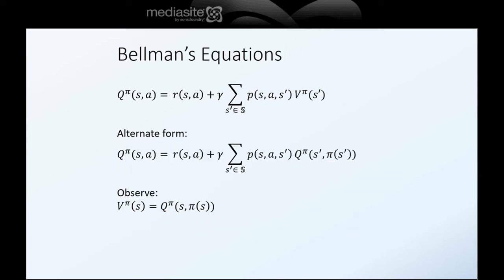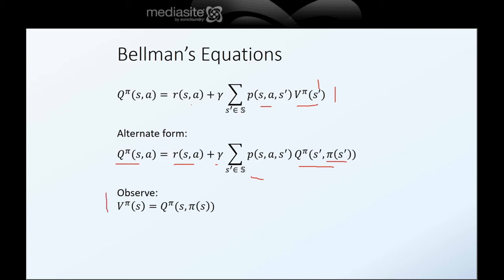So here are the Bellman's equations using state values. Q pi(S, A) equals R(S, A) plus gamma times the expected value of the next state, or it's equal to the immediate reward plus the discounted expected value of the Q value of the next state when following the policy pi.